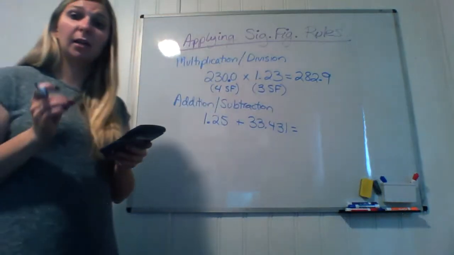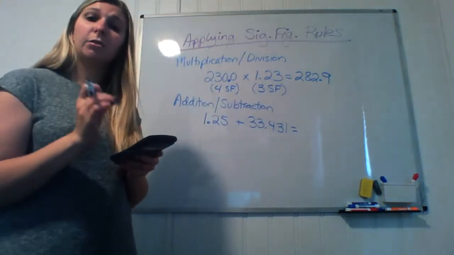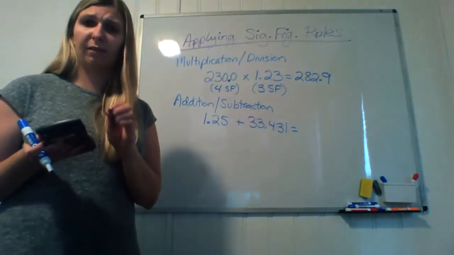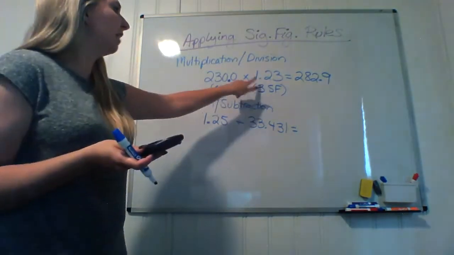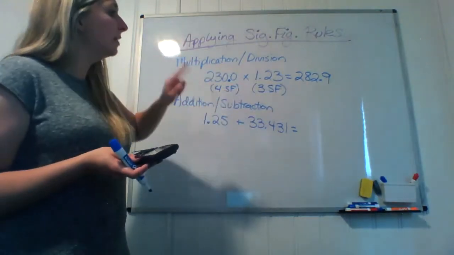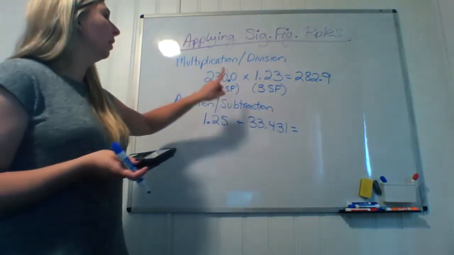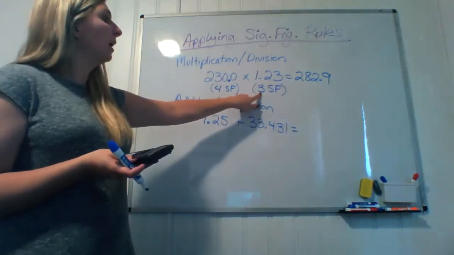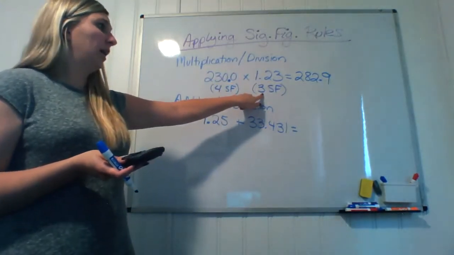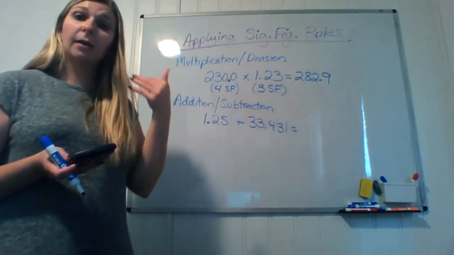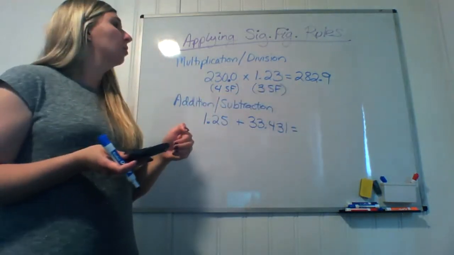But now, does this follow the rule that states that you must round your final answer to the least number of significant figures between the values that are multiplied or divided? So the least number of significant figures in this operation here is 3 significant figures. Okay, so therefore your final answer can only be to 3 significant figures.